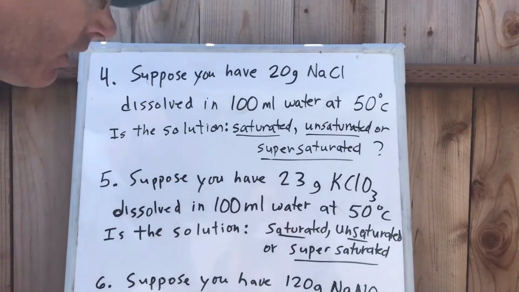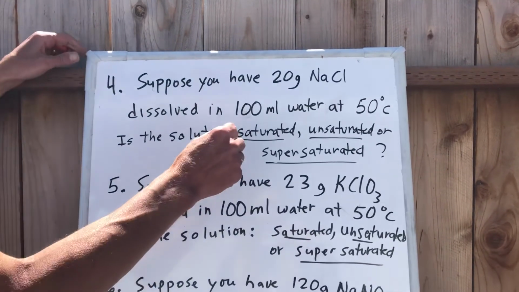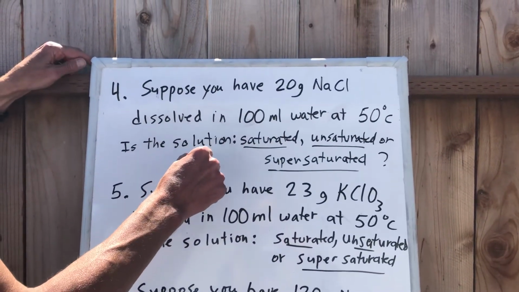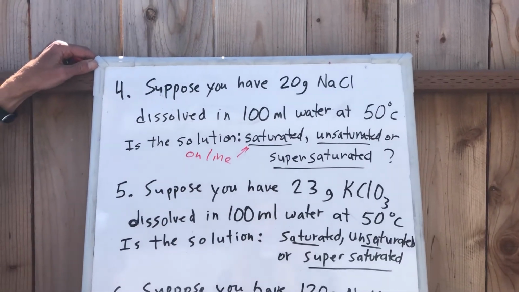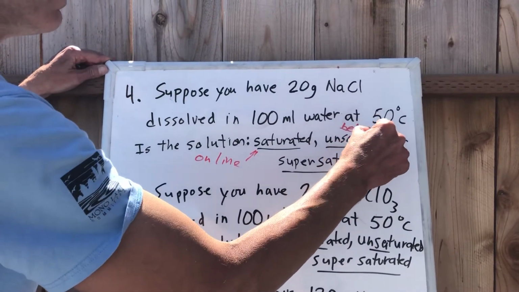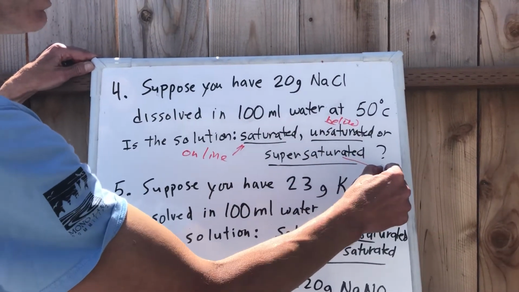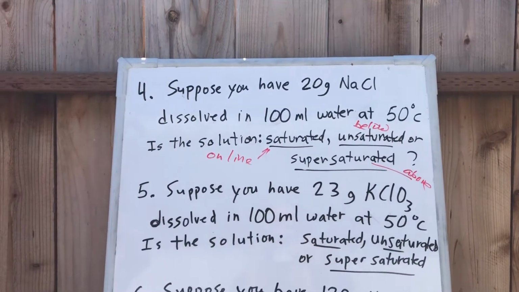How do you know? Well, if it's saturated, it's going to be right on the line. If it's unsaturated, it would be below the line. And if it's supersaturated, it'll be above the line. If you don't know what I'm talking about, you'll see in just a minute.